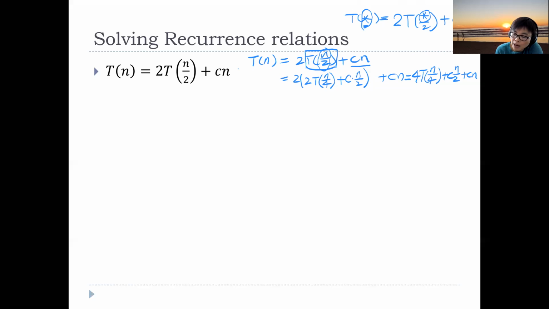Now, we don't like this T of n over 4. We want to do this unrolling again. Let me use a different color so that you see the relation.